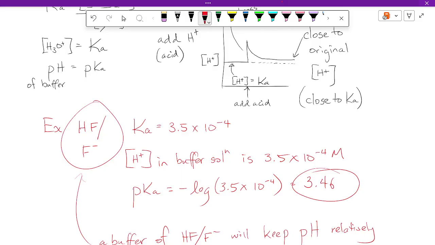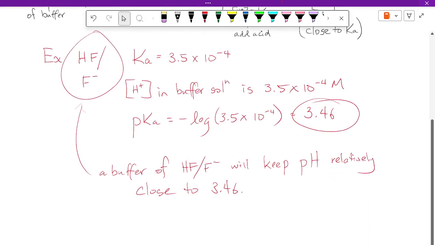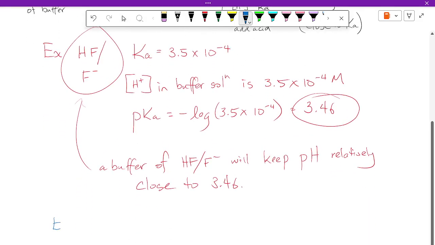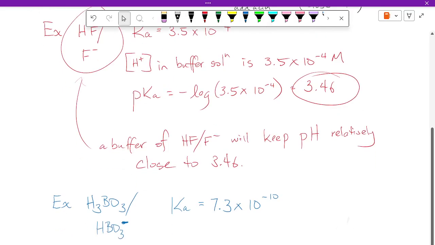Now let's use a different acid, just for funsies. Let's use boric acid, H3BO3, and we're going to pair it with H2BO3 minus. The Ka of H3BO3 is 7.3 times 10 to the negative 10.